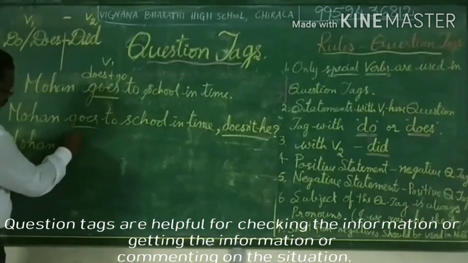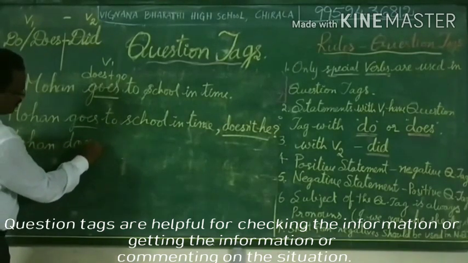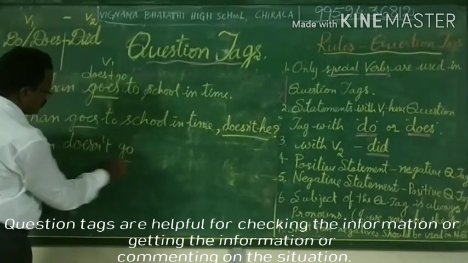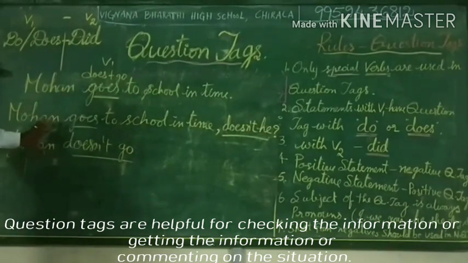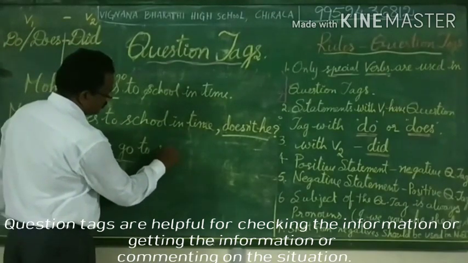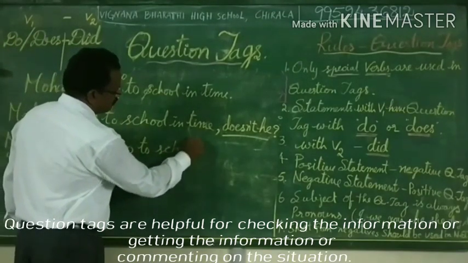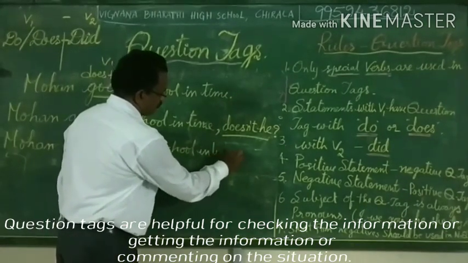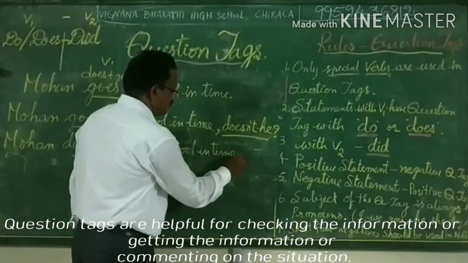Here for the same statement we write the negative. Mohan does not go. We made this sentence negative. Mohan goes to school. Mohan does not go to school in time, comma.